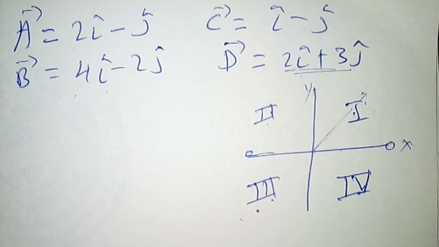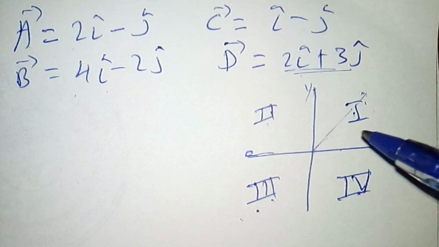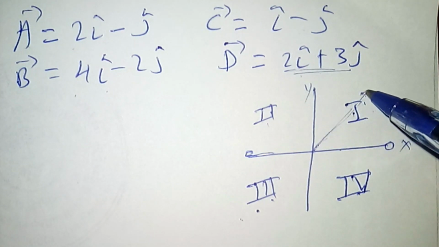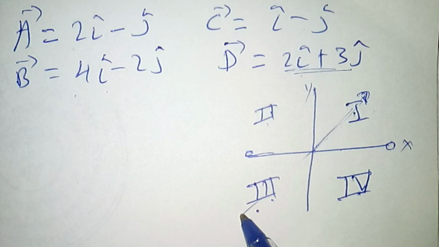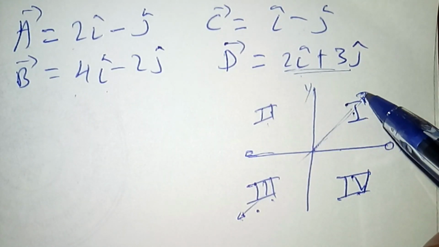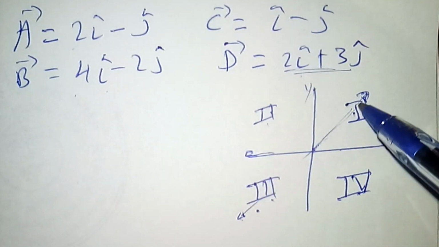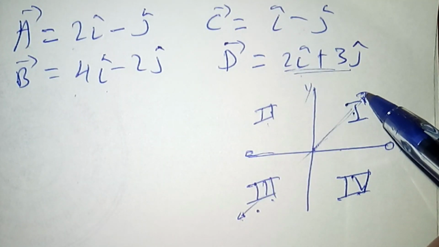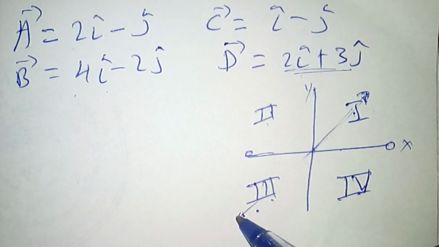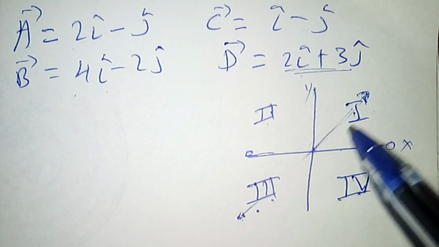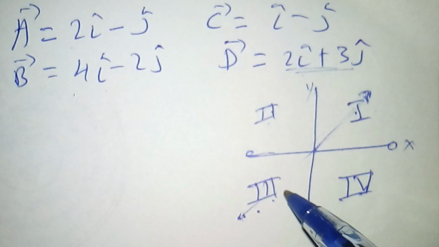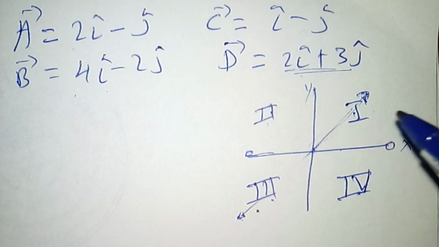For the vectors to be collinear, they must exist either in the same quadrant or in the opposite quadrant. That means that if one vector exists in quadrant 1, the second one must also exist in quadrant 1 or in quadrant 3. This is the condition that we check for the collinearity of vectors by inspection.